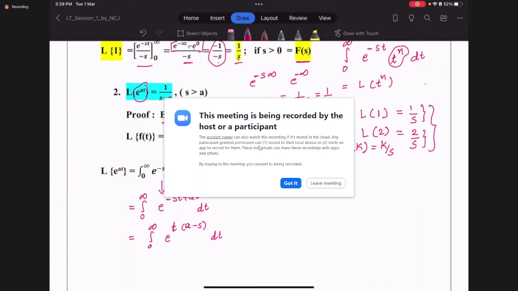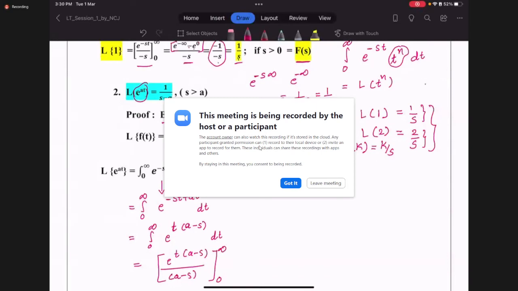Yes or no? If I take the integration, will this be the integration between 0 to infinity? Yes.